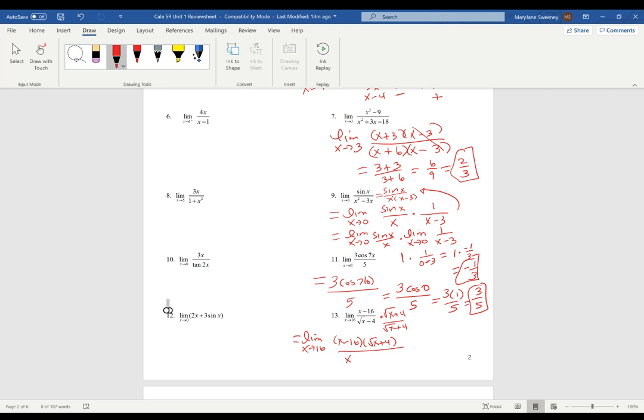So first, give me x, outers, inners cancel out. Last, give me minus 16. And that's exactly why I wanted to leave it factored, because those will cancel, and then I can just plug in. Square root of 16 is 4. 4 plus 4, 8.